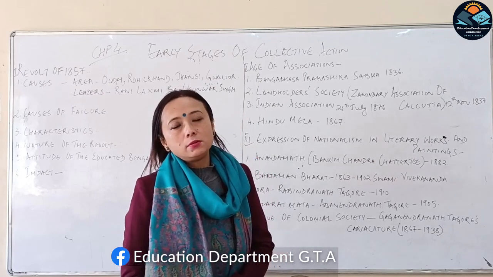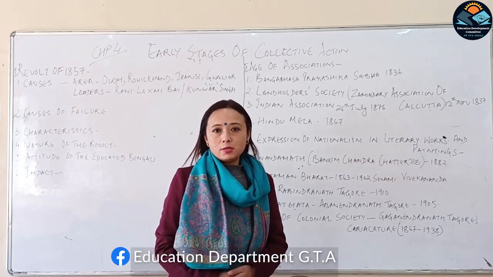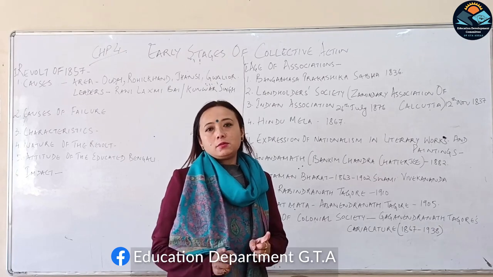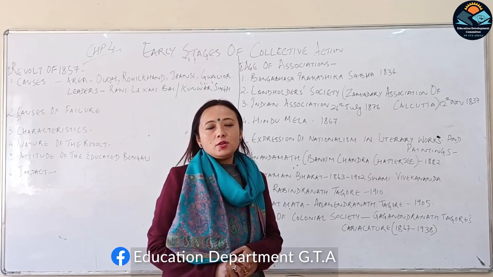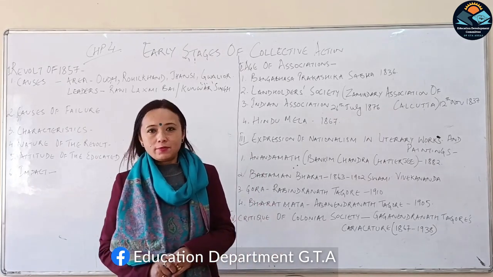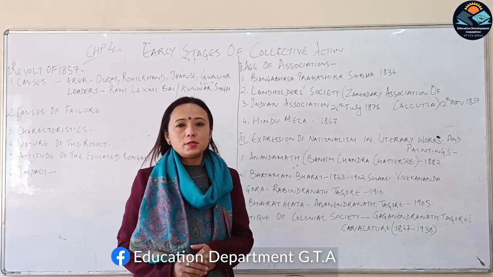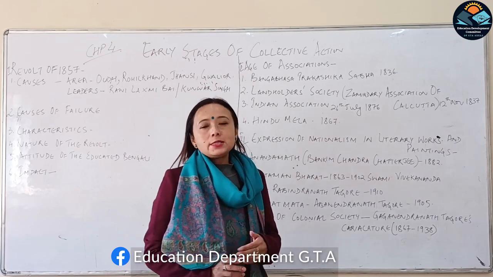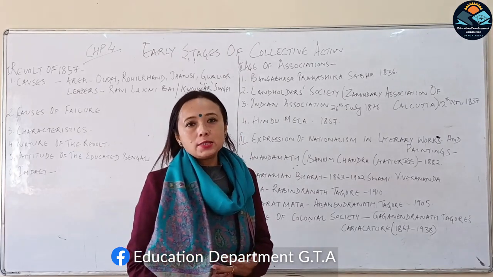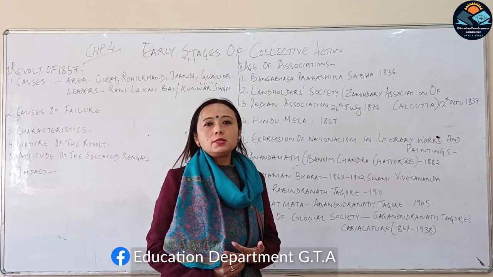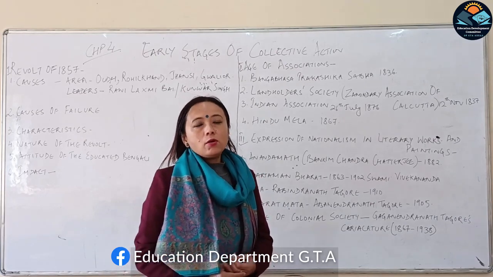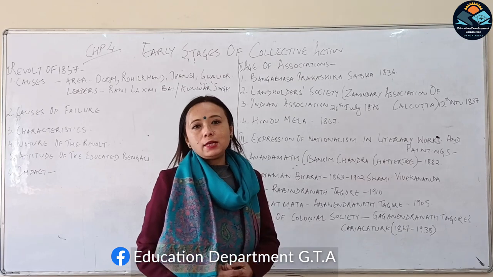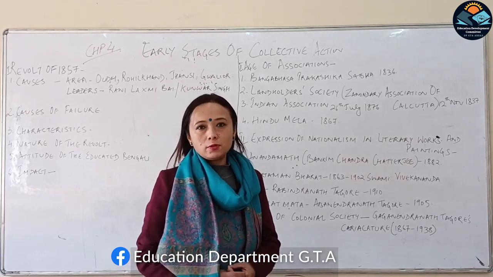Talking about the Revolt of 1857, in the period from 1757 to 1857, that is 100 years, the discontented Indians revolted against the British several times. According to one estimate, they revolted nearly 54 times.